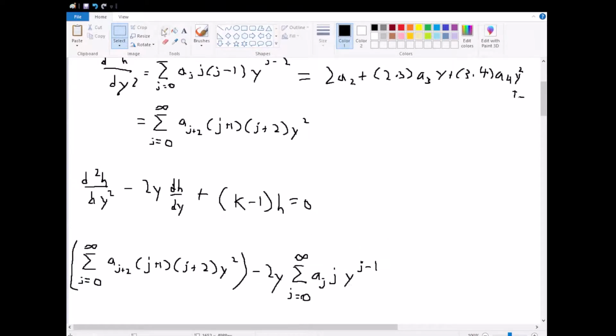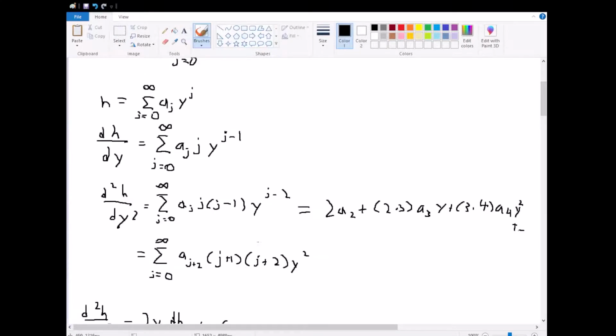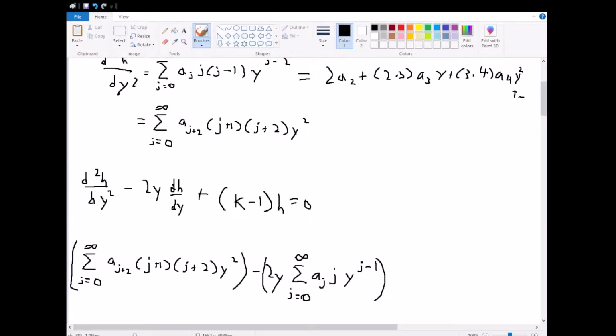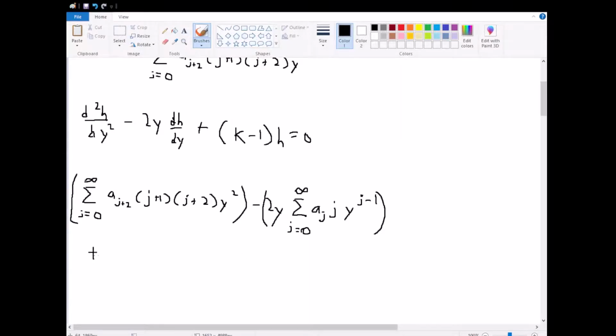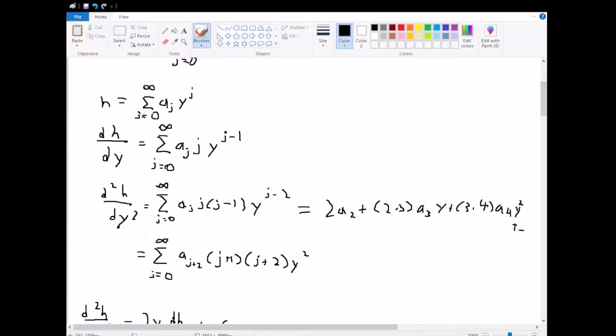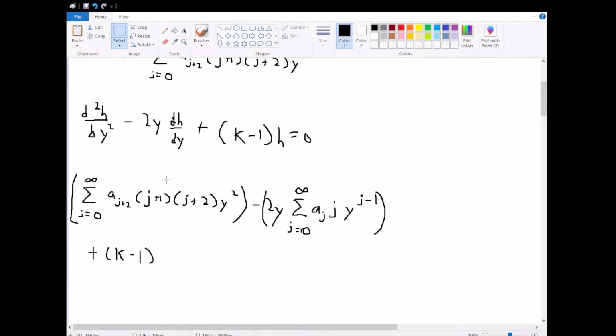And then finally, we're adding k minus 1 times h. So plus k minus 1, and then our summation term for h, which is this. And everything ultimately equals 0.